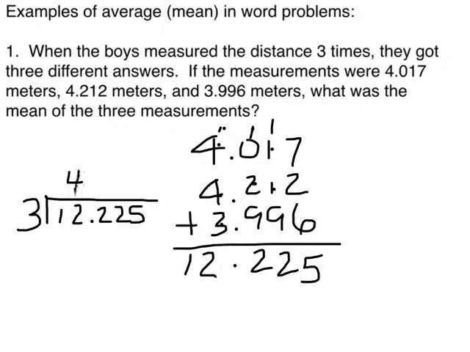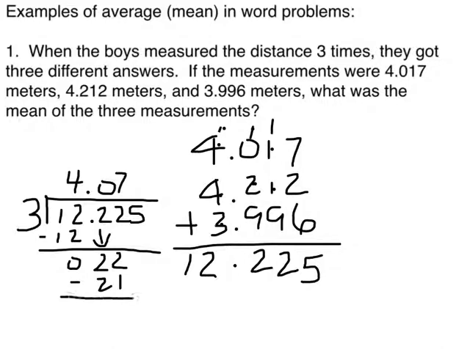12.225 divided by 3. This goes 4 times, and bring my decimal up. That leaves us with 0. I'll bring down the 2. It won't go into 2. Bring down another 2. Now 3 will go into 22 7 times, and that's 21.